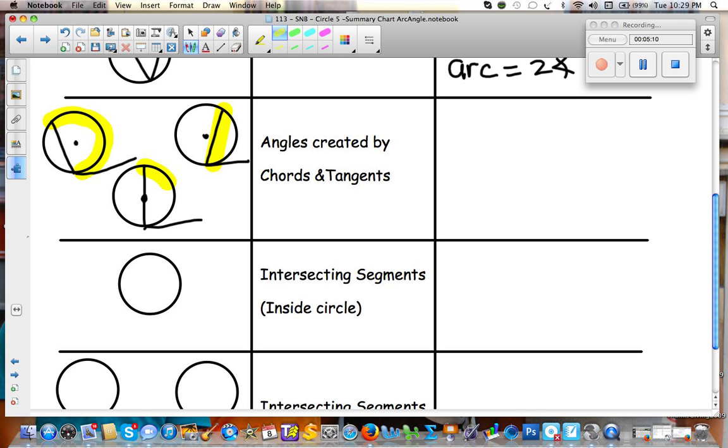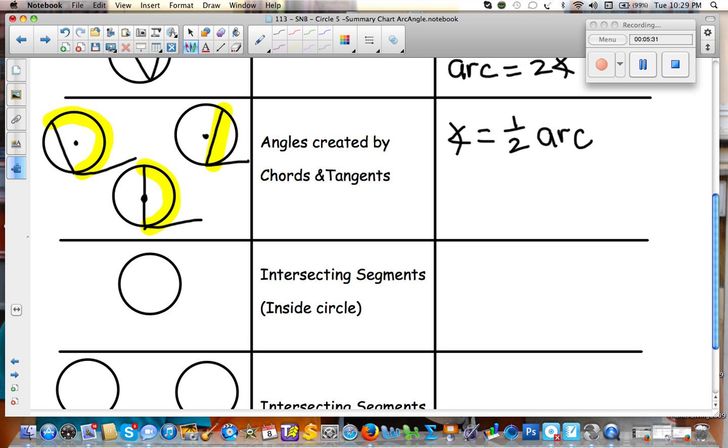The intercepted arc is still the arc that is between the two rays of the angle or the two segments. In any event, the angle that is formed by a chord and a tangent is equal to half whatever the intercepted arc is. And that's the case. So here's the special case.